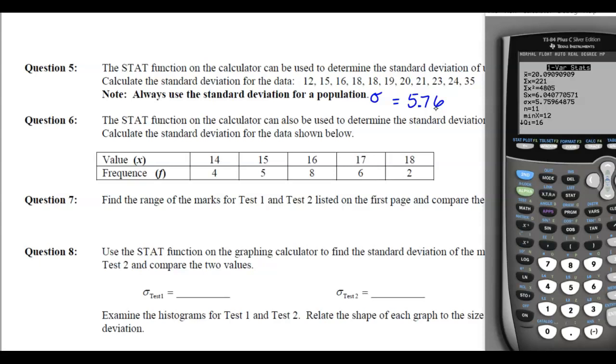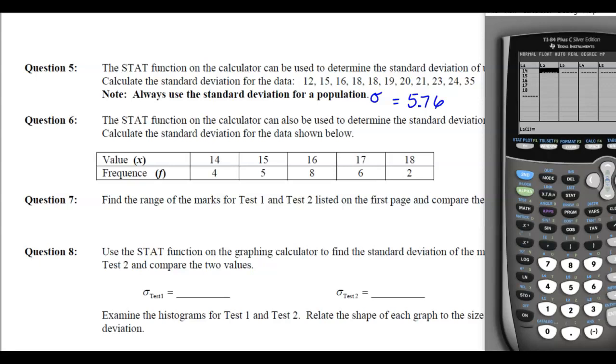Next one is a frequency chart. So you go to Stat, Edit, and clear off that list. Now my data values are 14, 15, 16, 17, 18.